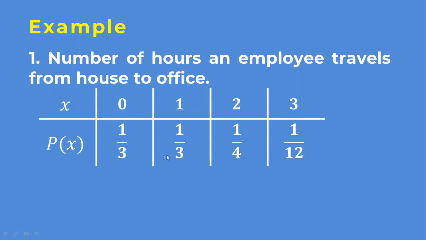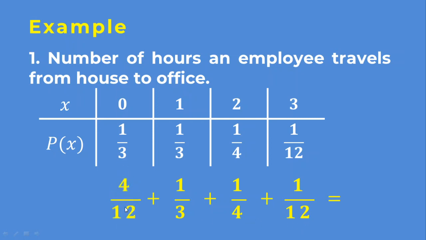So, dun sa second property naman, kailangan natin na ipag-add sila or kunin natin yung sum at dapat mag-equal to 1. So, gagawin natin 1/3 plus 1/3 plus 1/4 plus 1/12. Kailangan siya mag-equal to 1. So, these are dissimilar fractions. Para ma-add natin, kailangan natin ng LCD. Ang LCD dyan is 12.